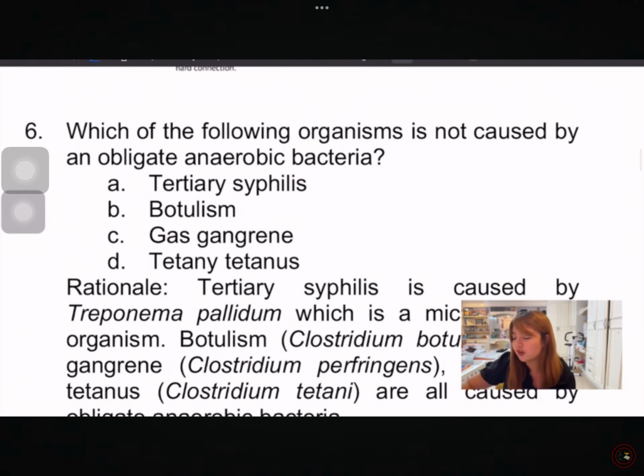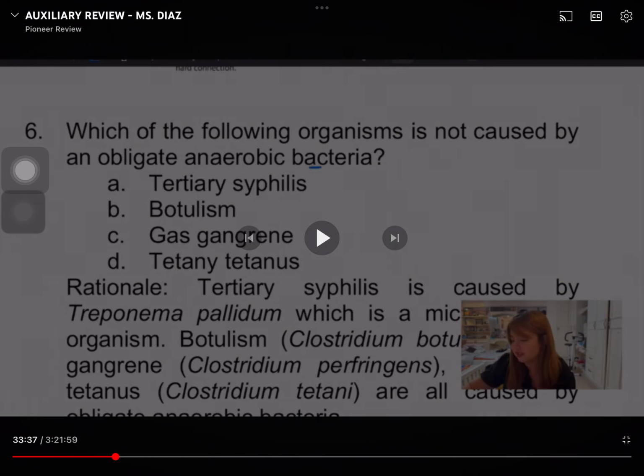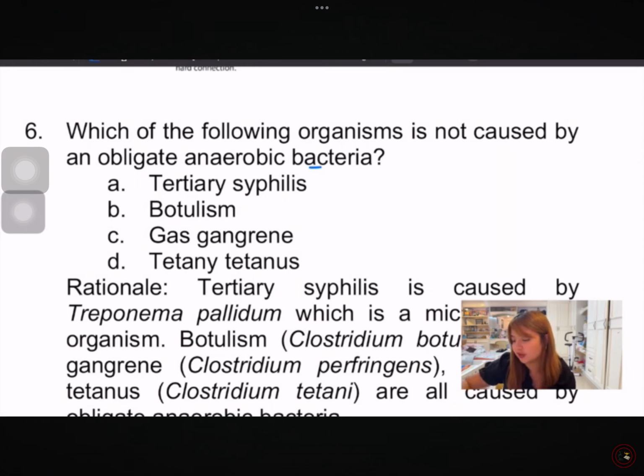Next. Which of the following diseases is not caused by an obligate anaerobic bacteria?